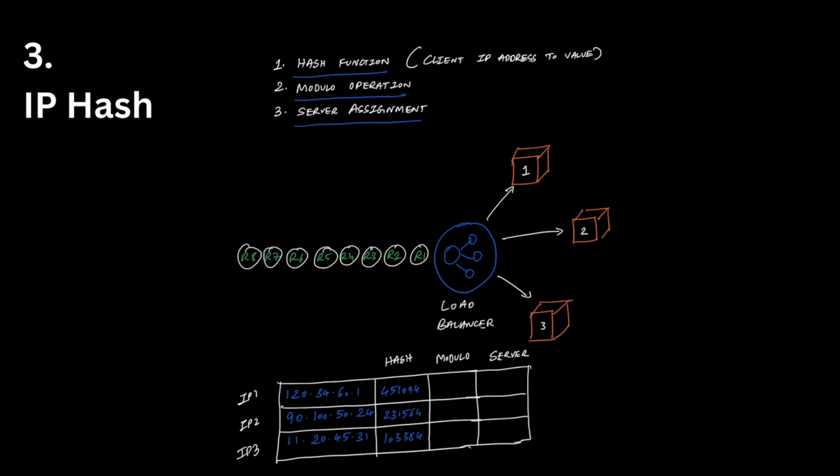The next common static load balancing algorithm is IP hash based load balancing. In this approach, the load balancer typically calculates the hash of the client IP address and uses a modulo operator and selects the server based on the result of the modulo operation.